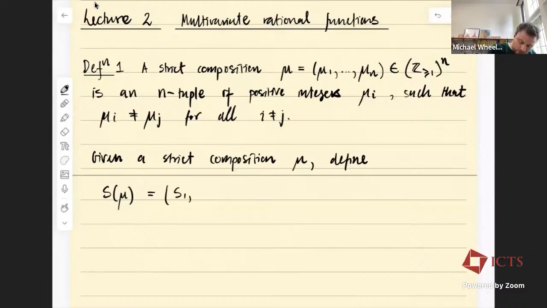I can write this as S_1, S_2, S_3, and it continues on indefinitely.